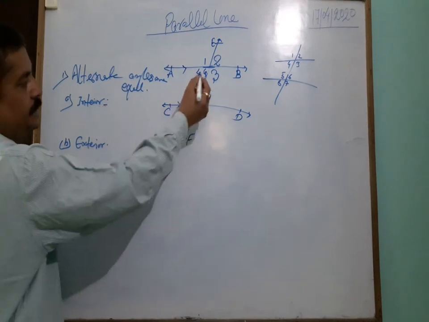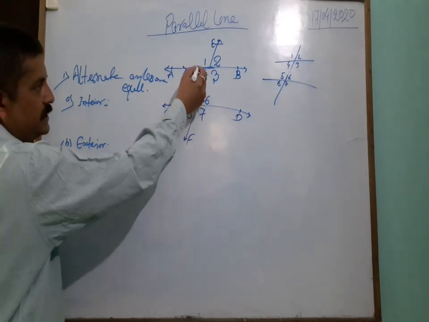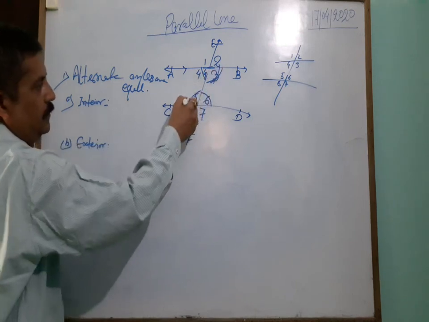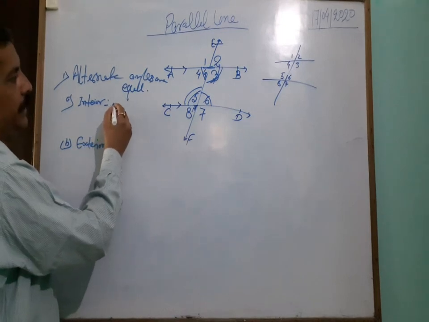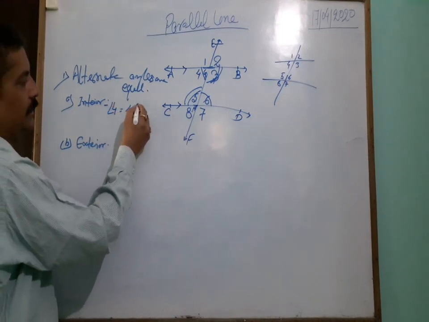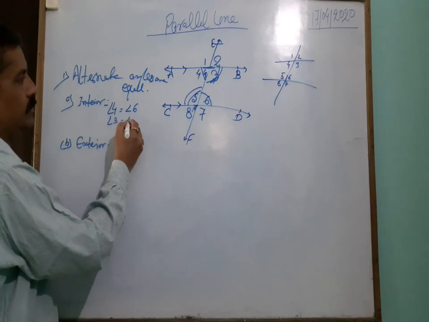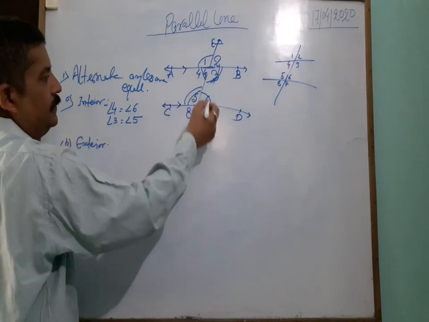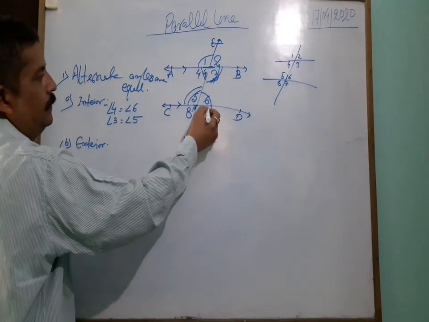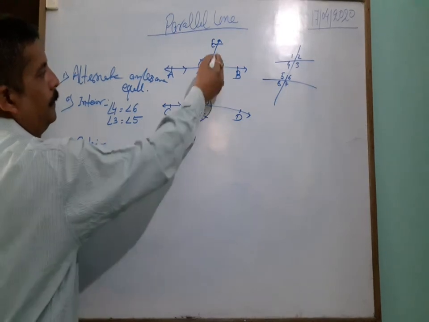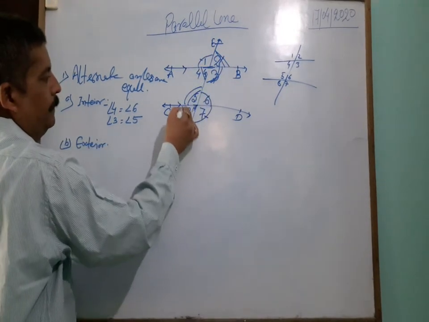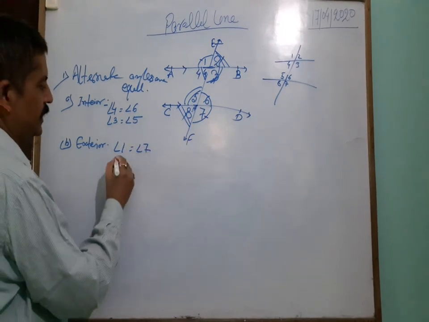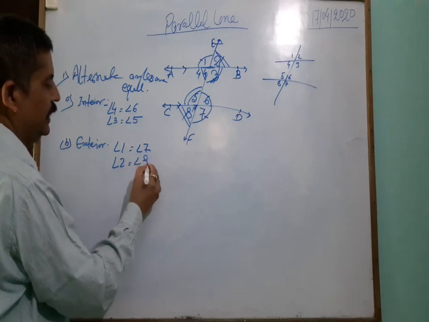Interior alternate angle means just opposite. Interior: angle 4 equals angle 6, angle 3 equals angle 5. Exterior: angle 1 equals angle 7 and angle 2 equals angle 8.